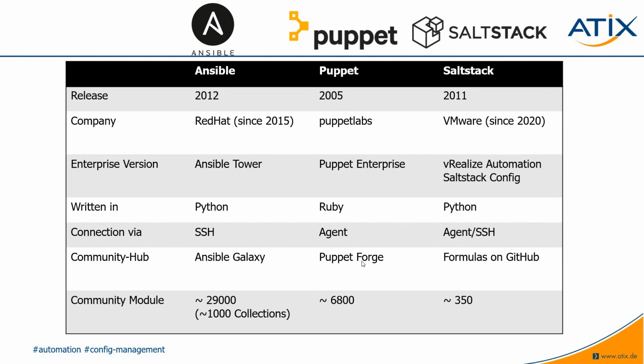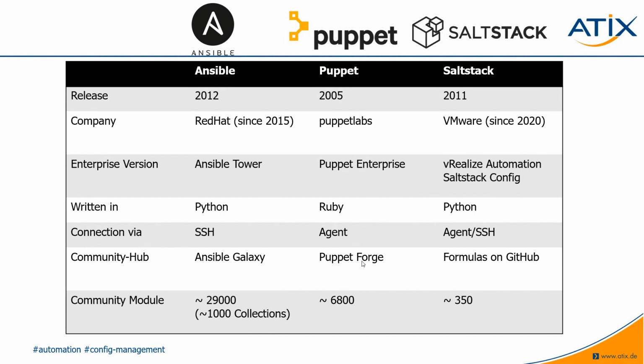Puppet has an agent installed on every system, and this agent periodically asks the master. There's one master server, and the agent asks, how should I be configured? It sends some information on the host which it's running on, and the master compiles all the configuration and gives it back to the agent. The agent checks if there are any changes to be performed, and if so, it performs them.